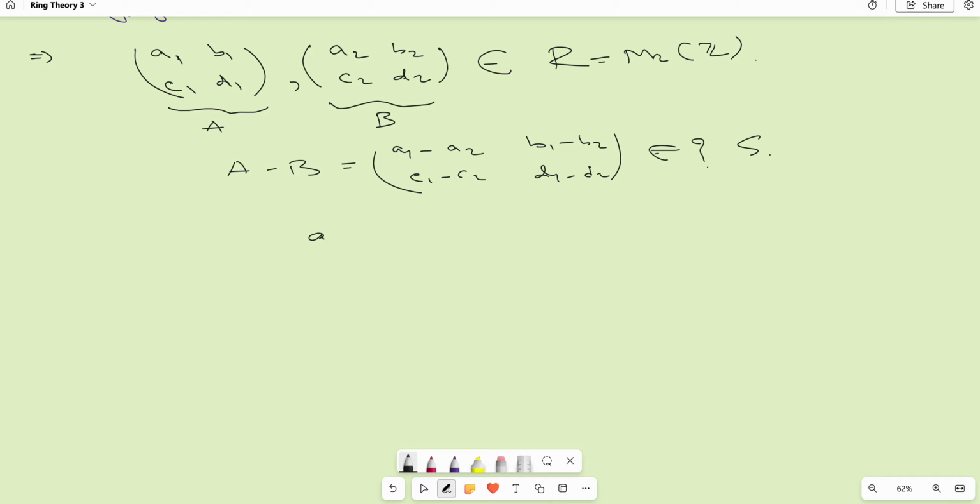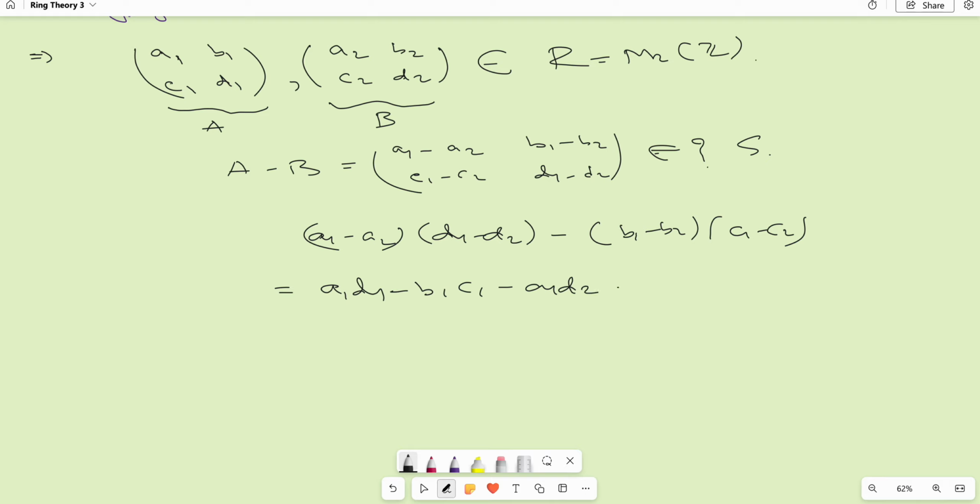Let me check. The determinant is (a1 minus a2)(d1 minus d2) minus (b1 minus b2)(c1 minus c2), which equals a1 d1 minus b1 c1 minus a1 d2 plus a2 d1 plus b1 c2 plus b2 c1 minus b2 c2, which is not equal to 1.